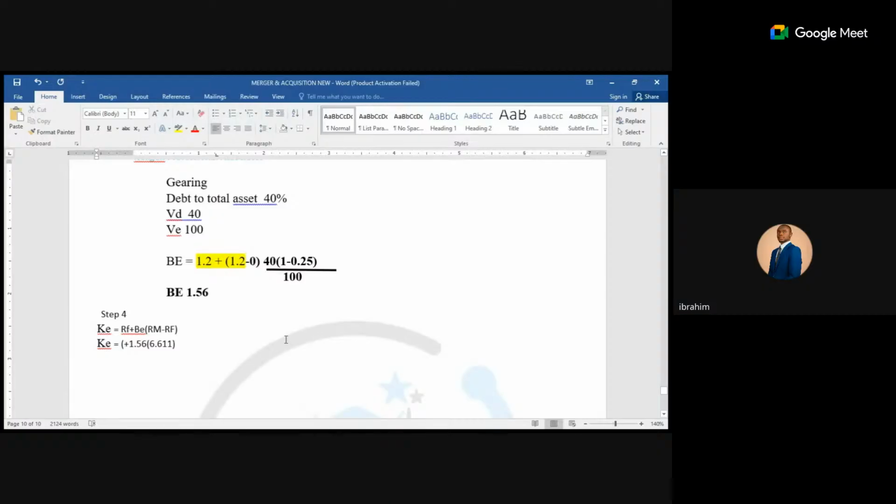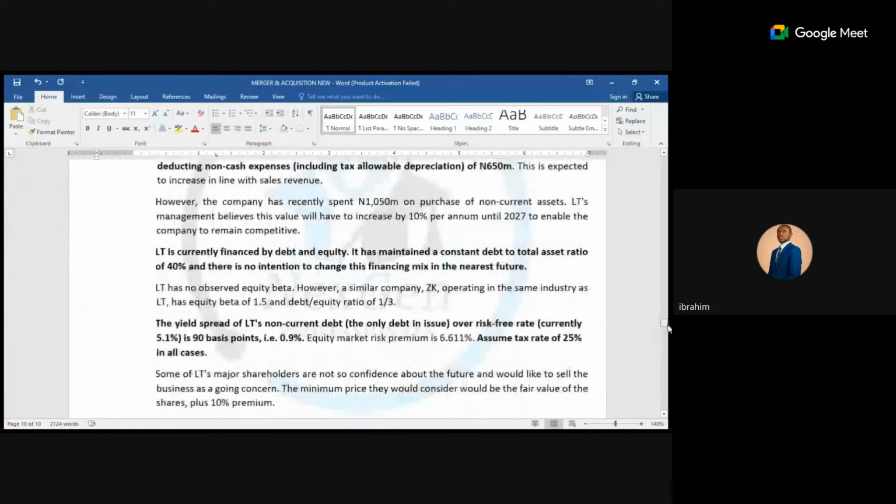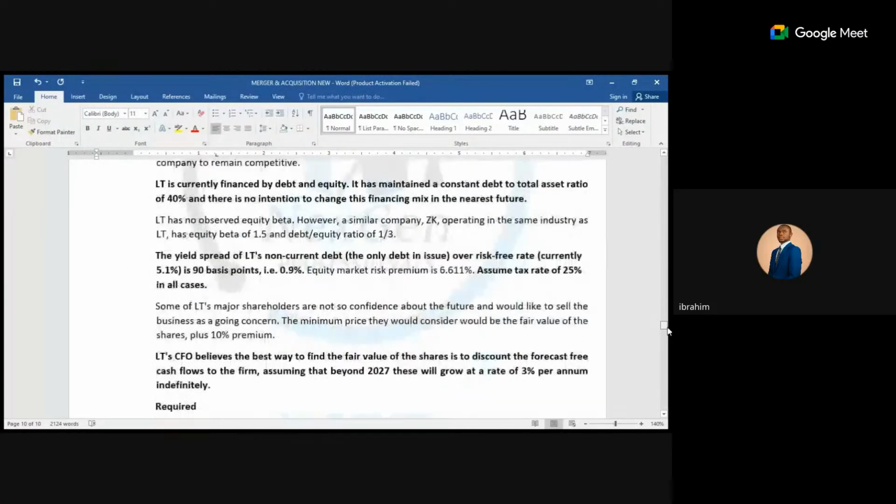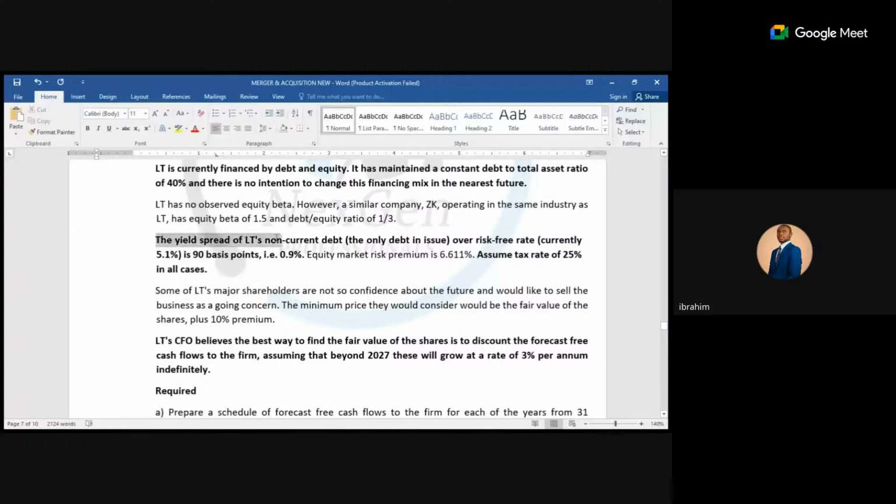You should not forget that in the question, the examiner says that the yield spread of LT non-current debt is the only debt in issue, right?